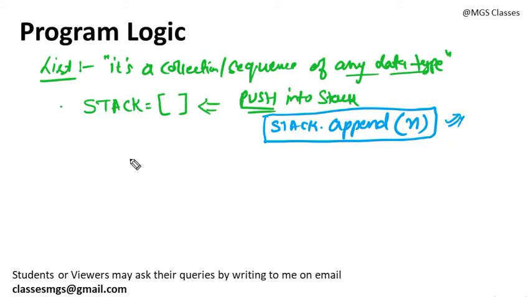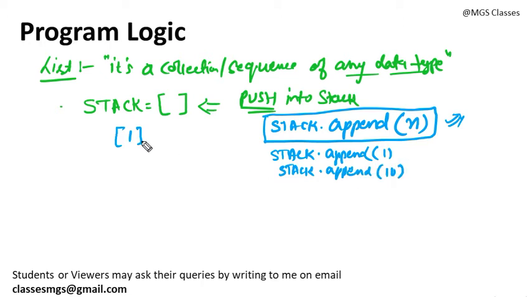You should know what method we are going to use. Let's suppose you are calling stack dot append 1, and what will happen? This variable will become like 1. If you again call stack dot append, let's say 10, then this variable becomes 1 comma 10, and this is the top value that is last inserted.